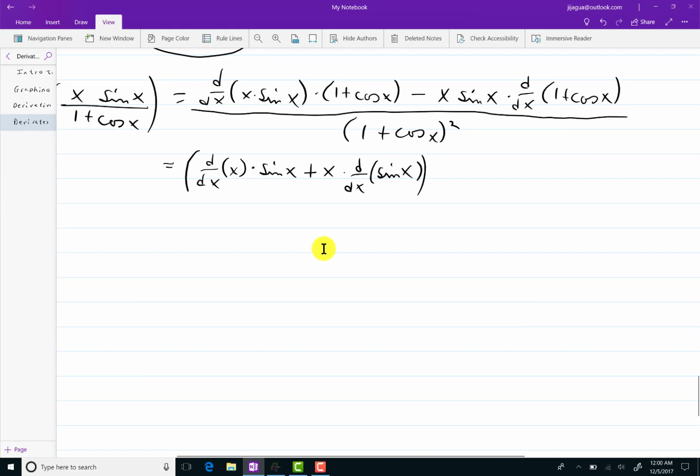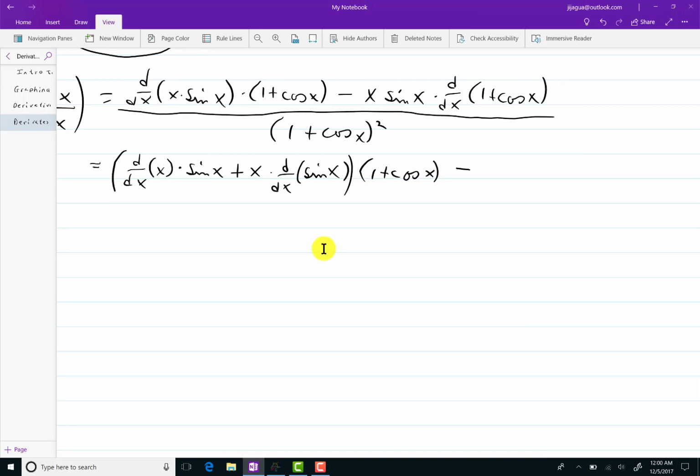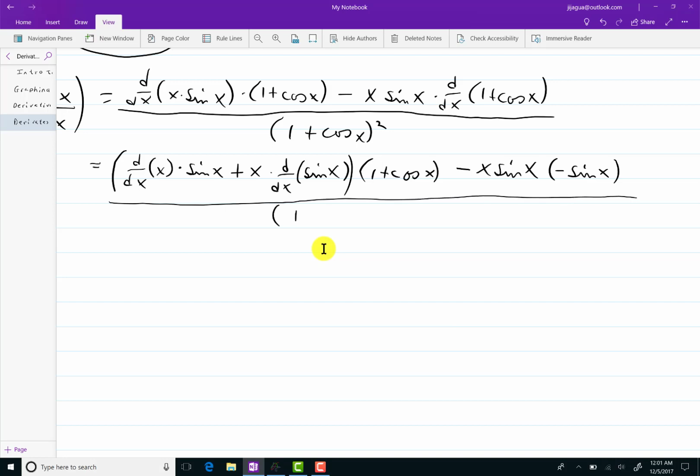And that's still multiplied to 1 plus cosine of x. So I had to use a product rule inside of this quotient rule. Minus x sine of x. The derivative of 1 plus cosine of x is negative sine of x. And all of this is over 1 plus cosine of x, that quantity squared.